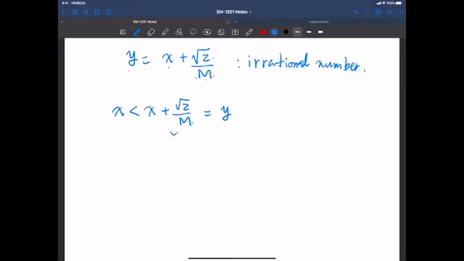And for this part, from the way we have chosen this m, we have x plus (b minus x), which is b.